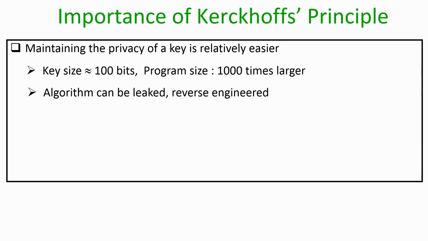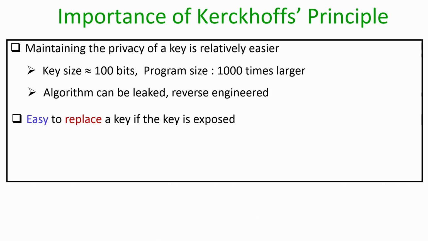Also, the algorithm can be leaked or reverse engineered. Even if you assume that the encryption and decryption process operated by the sender and receiver are private, just by launching a KPA attack where the adversary gets access to several message and ciphertext pairs, the adversary could reverse engineer the steps of the encryption and decryption process.